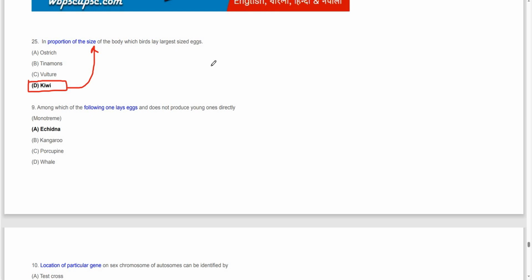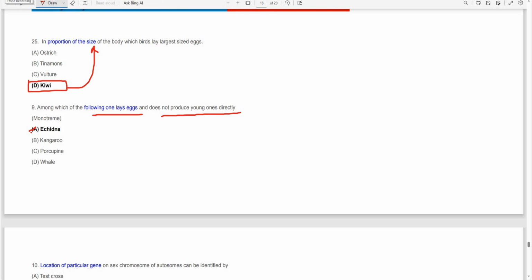Which of the following lays eggs and does not produce young ones directly? Echidna. Echidna is an egg-laying mammal.